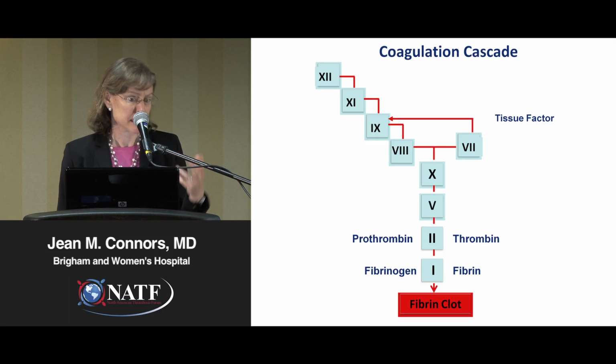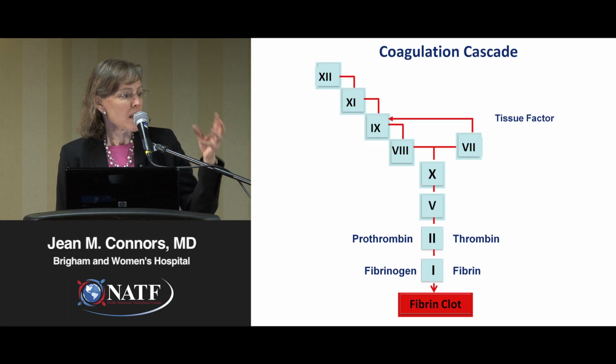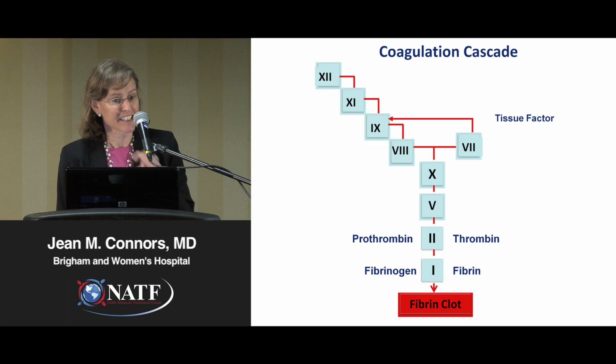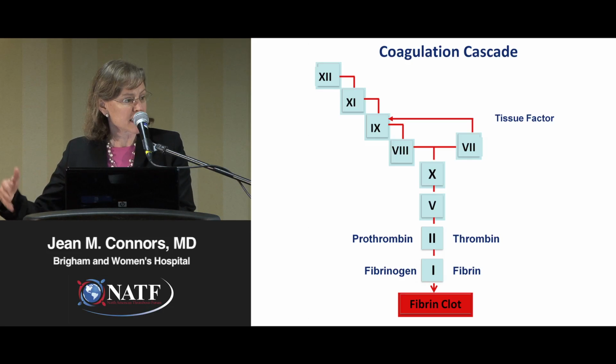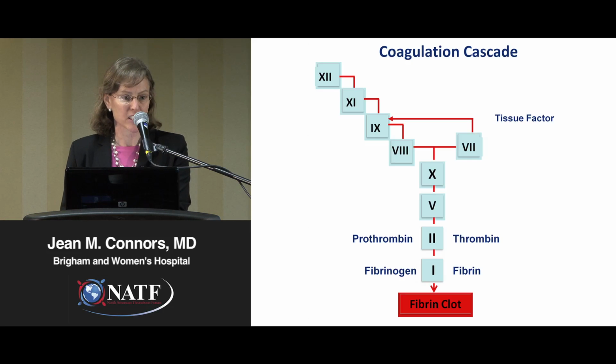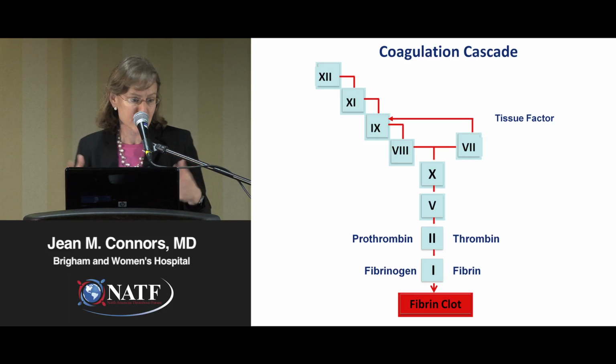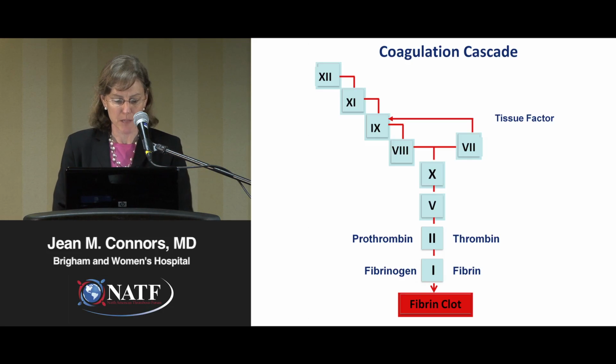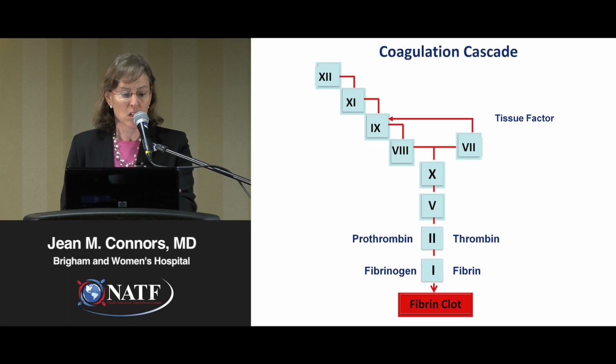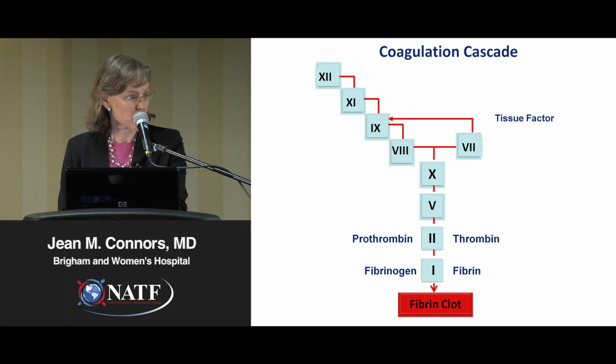And then in the 1960s, someone came up with the thought that these are a series of cascading enzymatic reactions, one leading to the next, that ultimately ends up at the bottom at a fibrin clot. And so that's where the cascade concept came from. So these boxes with the Roman numerals represent proteins that float around in an inactive state. They have to be activated, and that's what some of these red lines show.